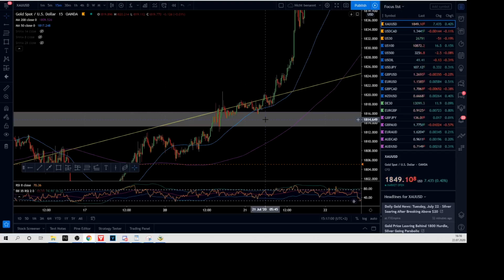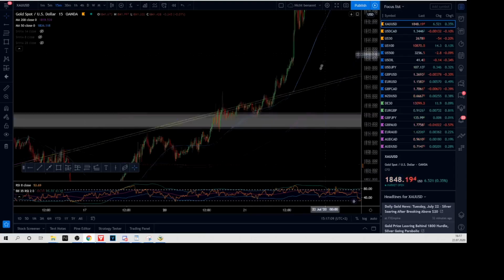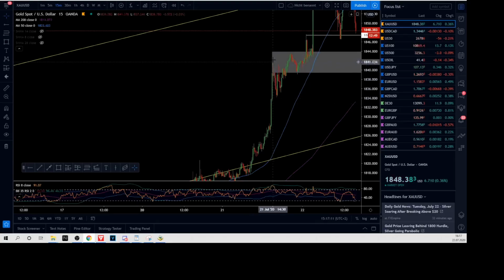And I can read the structure on all these time frames, and this structure is telling me when it's a good time to get in and when it's a good time to get out. So like I told you, I see sellers getting control of the market, so it's time to leave this trade, and I was banking profit.